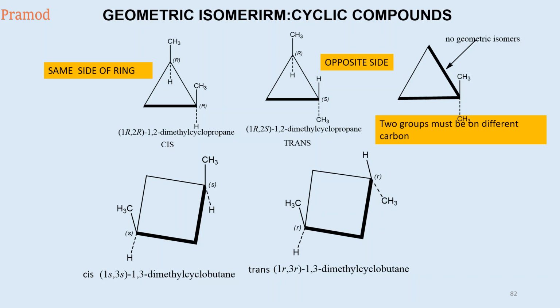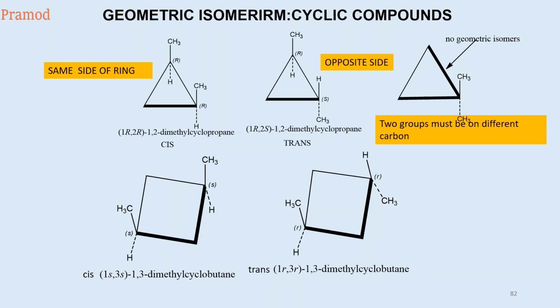Now let's go for the trans. In this case, the methyl groups are on opposite sides, so they are said to be trans isomer. And in the third example, when the two groups are on the same carbon, there is no geometric isomerism. You can also take the example of cis 1,3-dimethylcyclobutane.